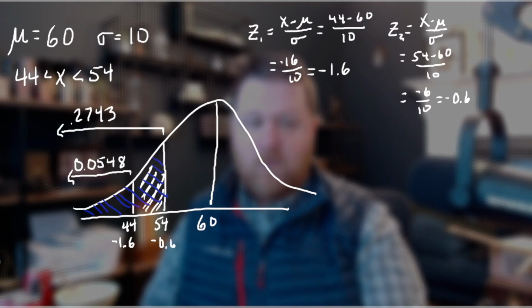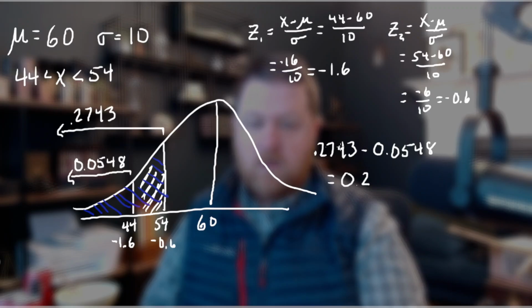So how do we do that? We just subtract. The area that we care about is 0.2743 minus 0.0548. And what does that give us?